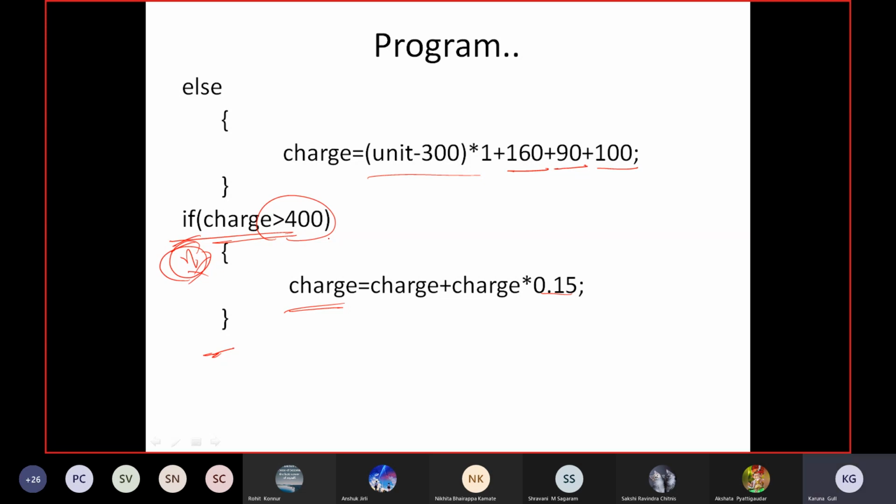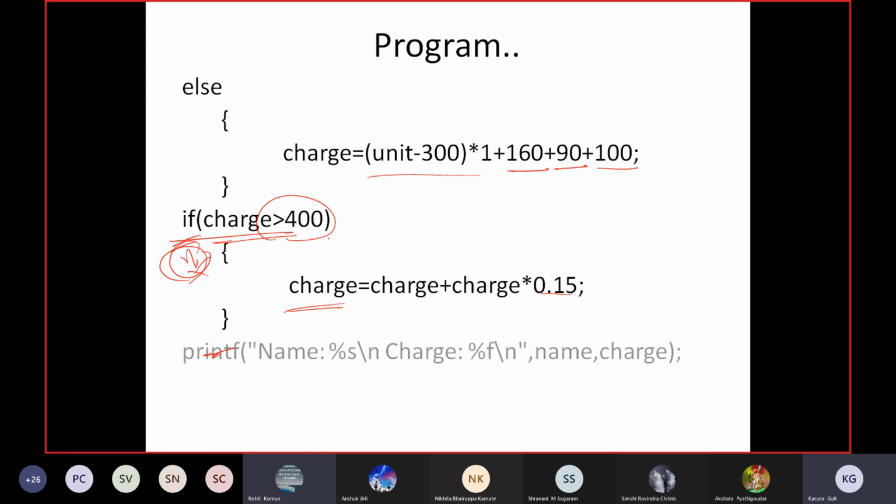This is how you can play with multiple conditional statements whenever you write a program. I'm using the else if ladder, and I'm using the simple if to write the program here. Clear? Yes, ma'am.